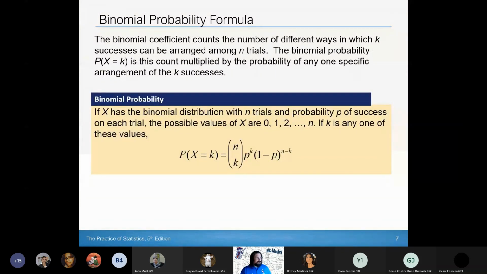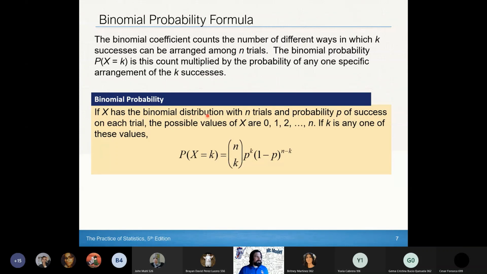So then, the binomial probability formula. This is what we're working towards. The binomial coefficient counts the number of different ways in which k successes can be arranged among n trials. The binomial probability of P(X = k) is this count multiplied by the probability of any one specific arrangement of the k successes.